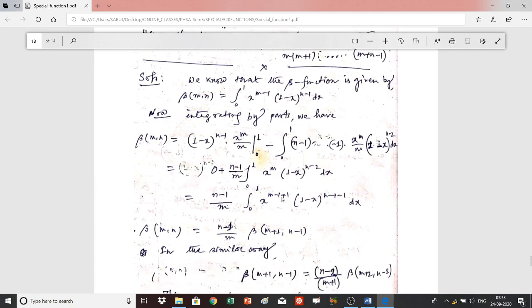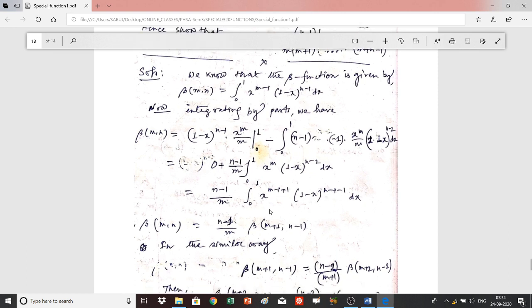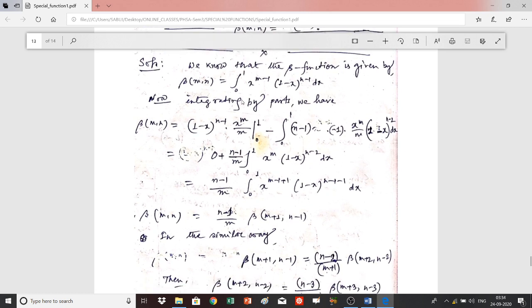So that will give you (n minus 1) by m, integral 0 to 1 of x to the power m, which can be written as (m plus 1) minus 1, and this term can be written as (1 minus x) to the power (n minus 1) minus 1, dx. Compare this with the definition of the beta function.